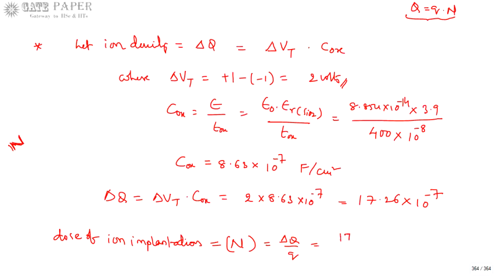So delta Q is 17.26 into 10 power minus 7 divided by 1.6 into 10 power minus 19. It is going to be around 1.08 into 10 power plus 12 per centimeter square. So the dose of ion implantation required is 1.08 into 10 power 12 per centimeter square.